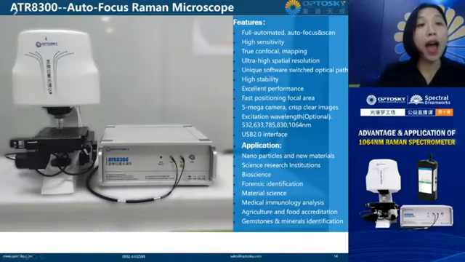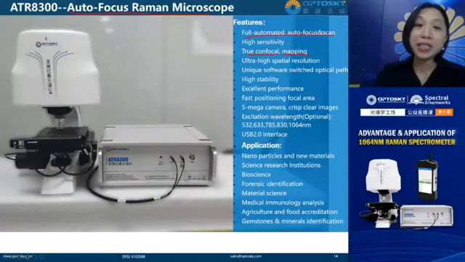And our most popular lab scientific Raman microscope uses autofocus, and it is fully automatic and fully scanned. It has mapping and true confocal.